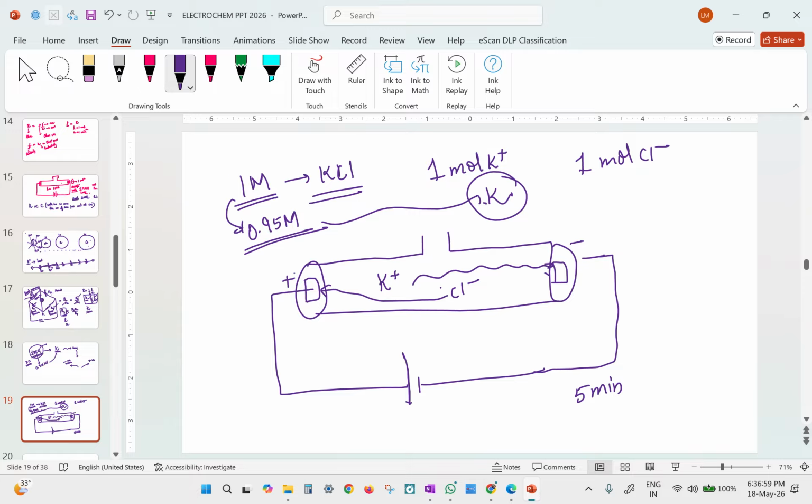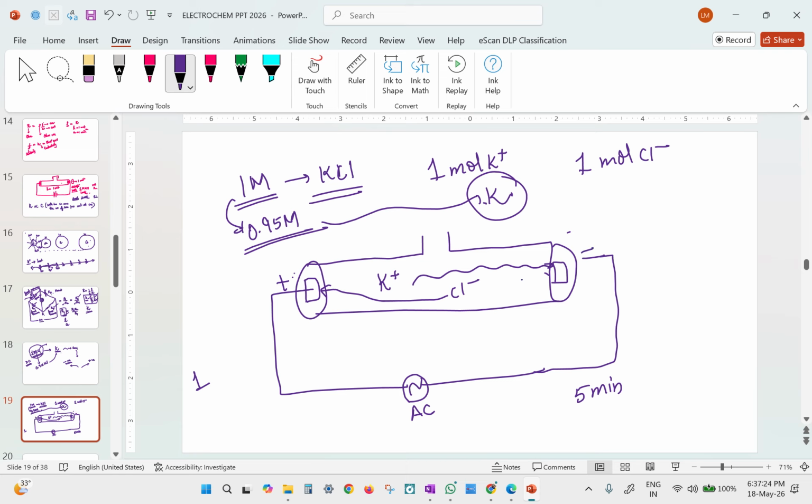Understood? So what we do is we remove this battery and we attach an oscillator. What is an oscillator? It provides an AC current. What will AC current do? For one cycle, this is positive, this is negative. For the next cycle, this will become negative, this will become positive. The next cycle, this will become positive, this will become negative.